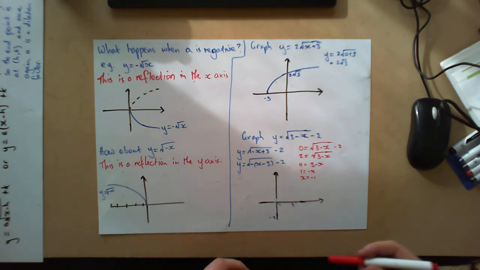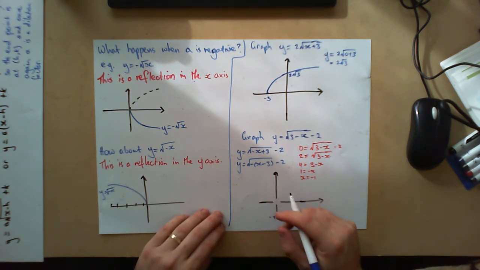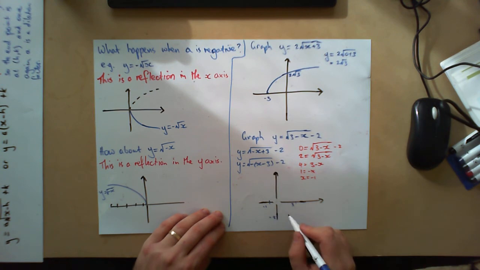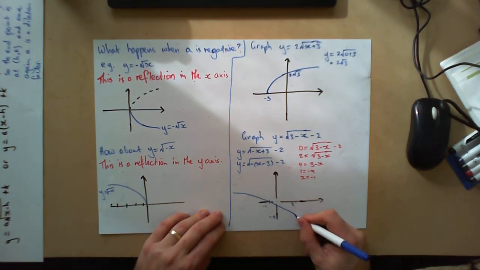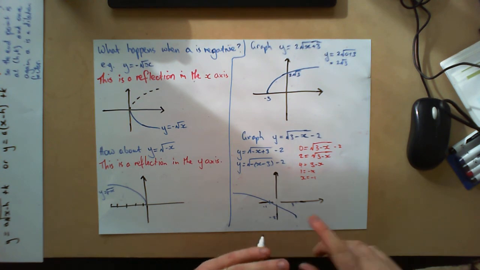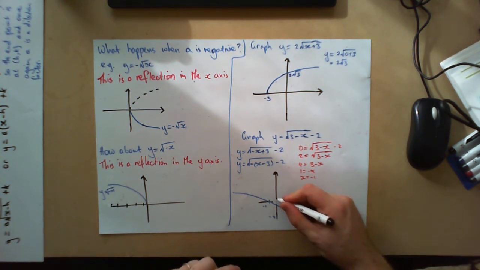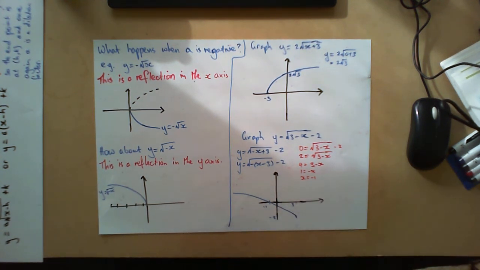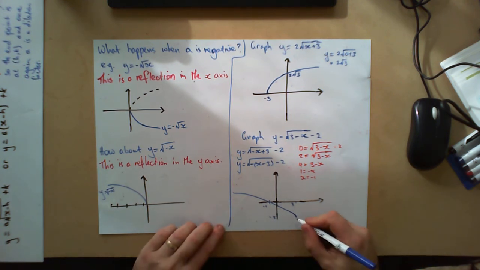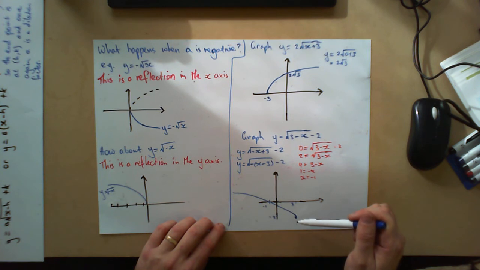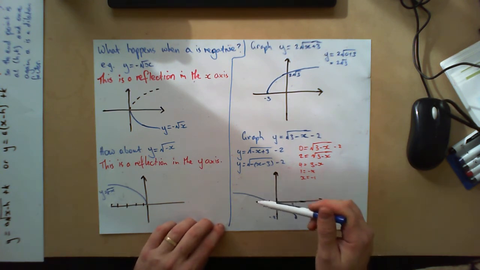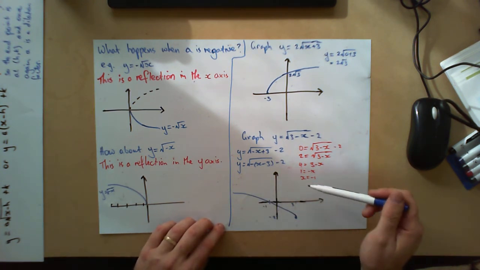So we know our x-intercept is here at negative 1. So what's happening is it's going like this through. My scale just didn't do that graph a lot of justice. So we're going to be looking something like that. So we've got this endpoint here, which is at 3, negative 2, and we're coming through here at negative 1, which is what we've found from there.